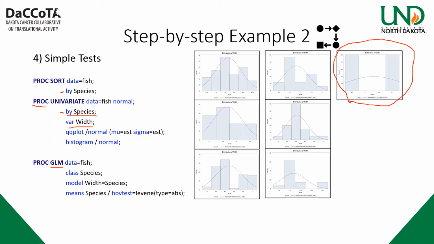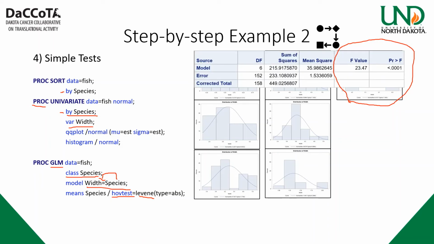We have to say species is a class, since it's not numerical. We're going to model width as a function of species, trying to say, if we know the species, can we determine the width? And then we're going to do a homogeneity of variance test, a Levene type. This is going to give us our answer of whether or not there's equal variance.